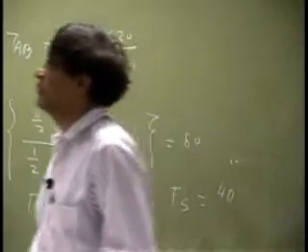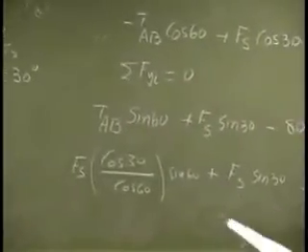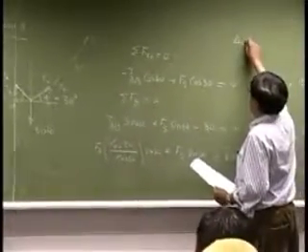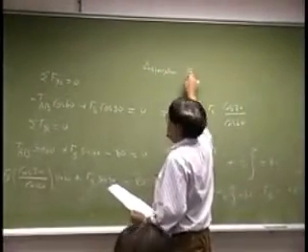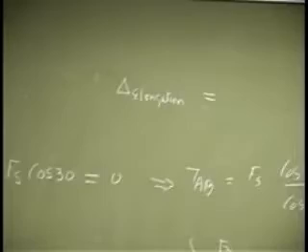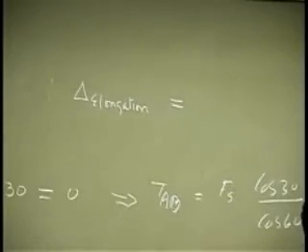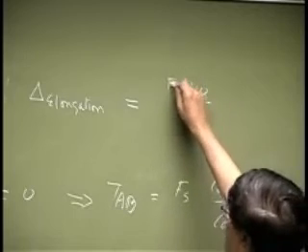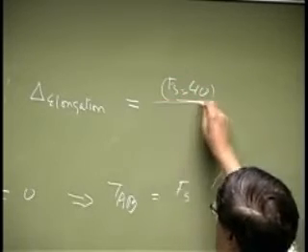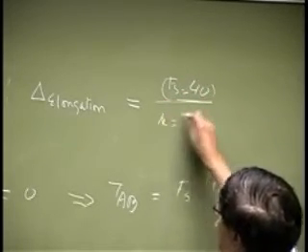So go back to the very beginning and we start looking at delta elongation. Means how much the spring got stretched when you applied the force. And that should be 40, the spring force Fs, divided by the spring stiffness, which was 50.